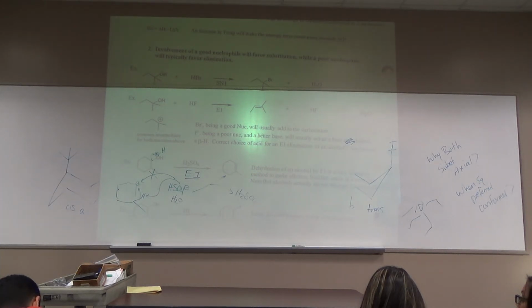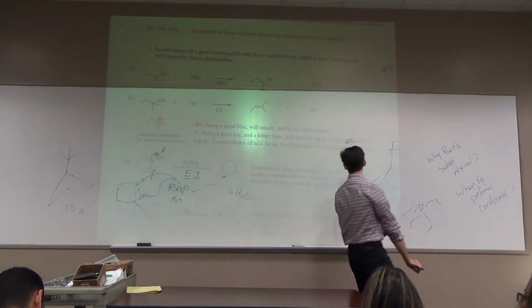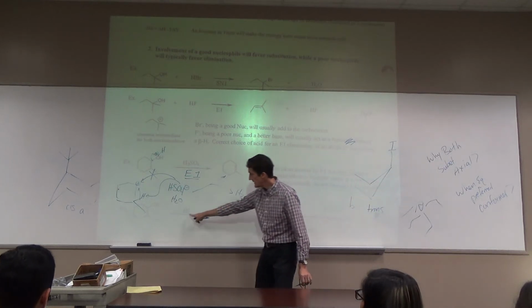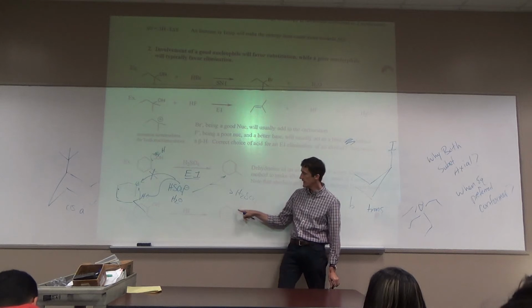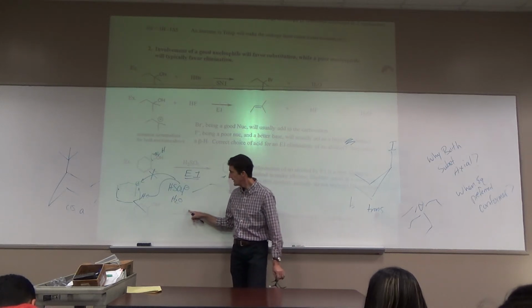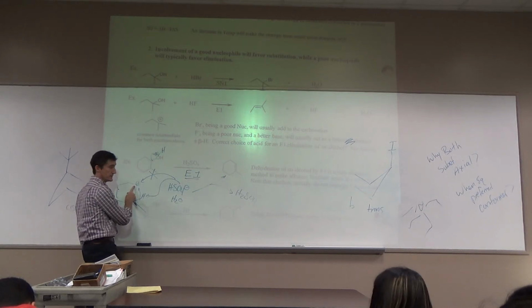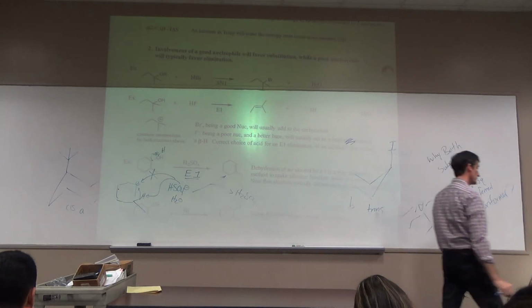Br minus is a good nucleophile. If you do the same reaction with HI, you're more likely to get the substitution product, where the I minus will add here, giving you the substitution product instead of the elimination product.